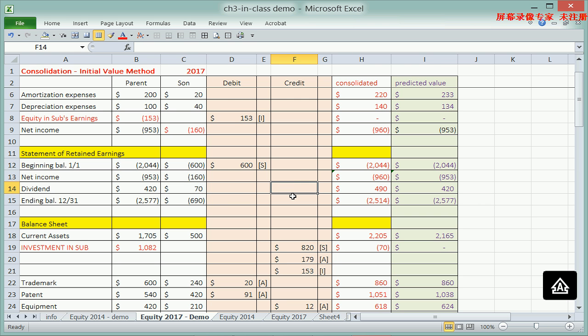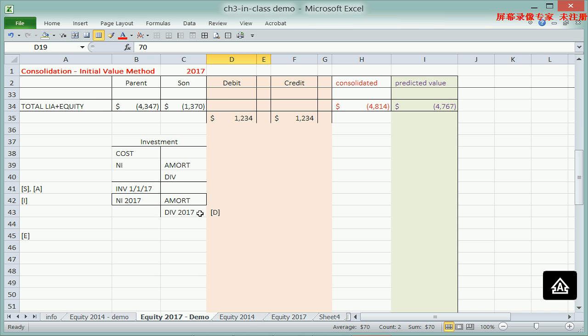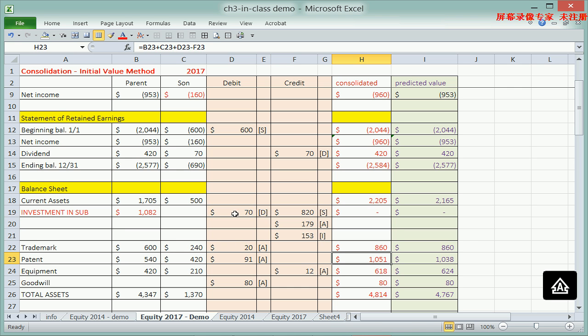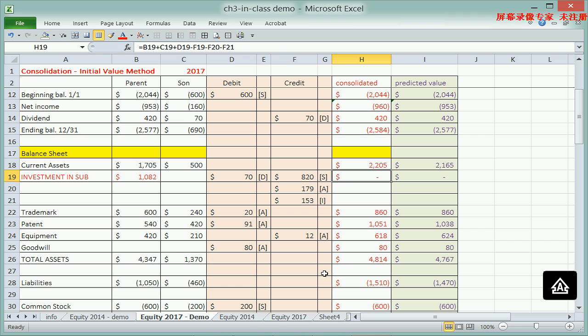So I want to credit the 70 here because it's a debit side balance, so we want to credit it to eliminate it. We just want to reverse what we did to the investment account. So after what I did, the investment account goes to 0. That's my D entry.